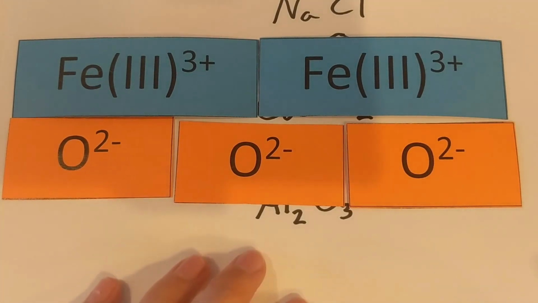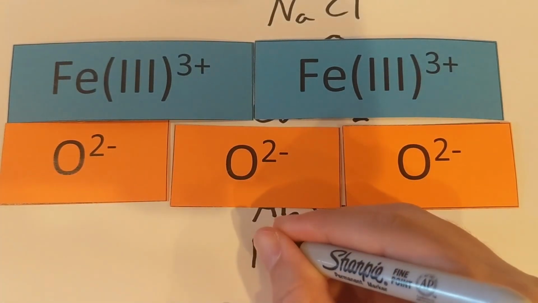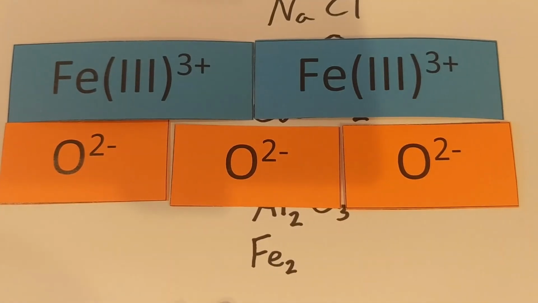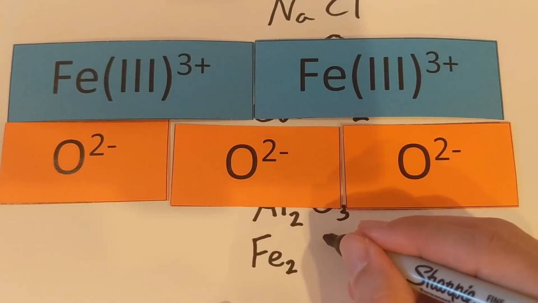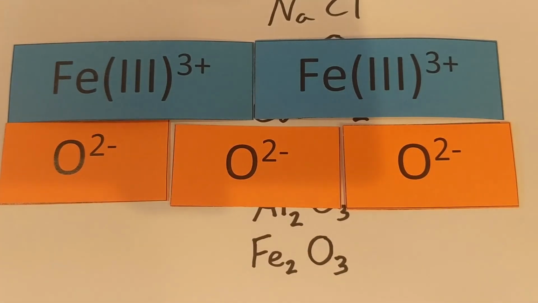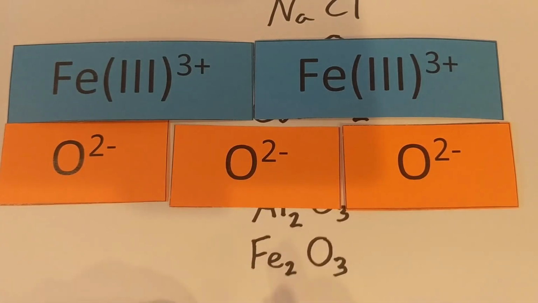And when I'm writing this one down, I don't even have to put that 3 anymore. If I just put Fe2O3, I have all the information I need there because I know my oxide has a -2 charge and I know I have 2 iron ions. So just by this information here, I could tell I have iron 3. So this is just how you write it, just like that.